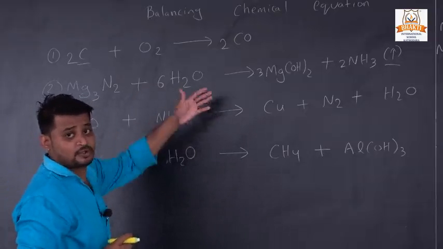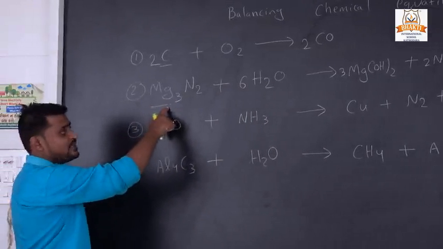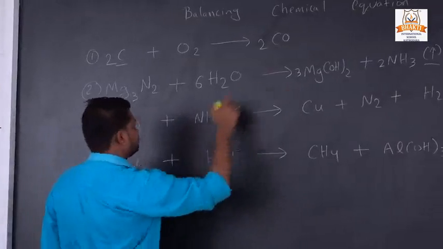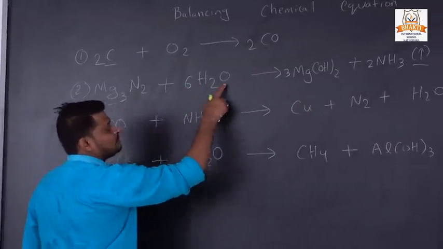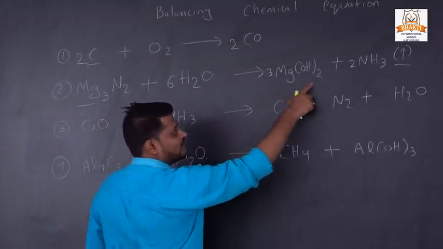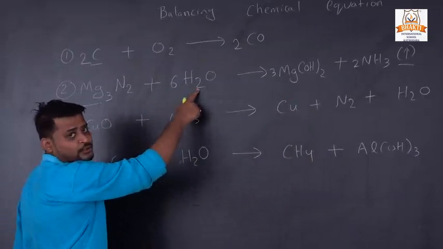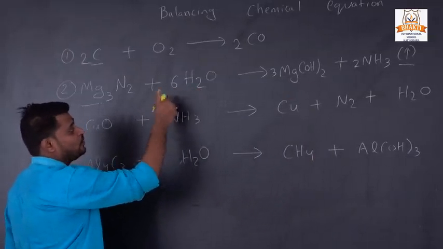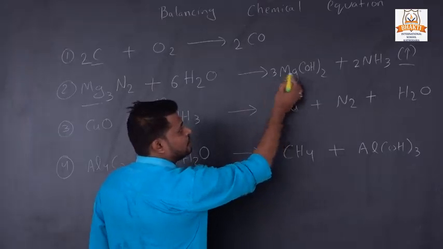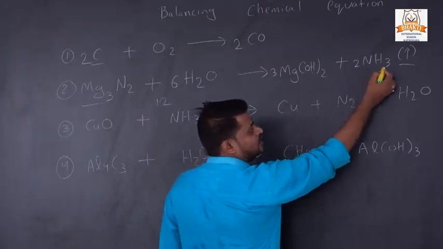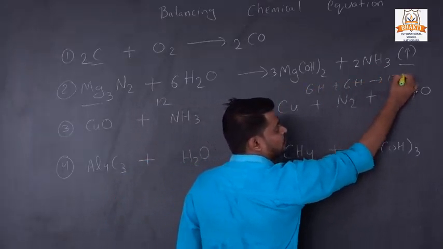We have changed it, so again we check metal and non-metal. Now magnesium 3, magnesium 3, nitrogen 2, nitrogen 2, oxygen 6, here also oxygen 6. Now the next step, hydrogen. Here hydrogen 6 twos are 12. In the reactant hydrogen is 12, and in the product hydrogen 3 twos are 6 and 2 threes are 6, meaning 6 plus 6, how much? 12 hydrogen.